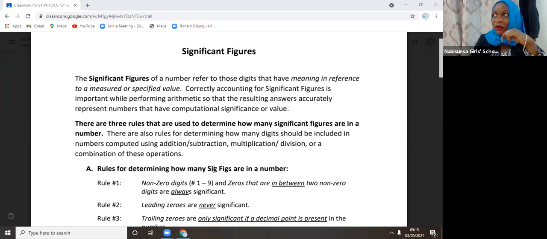We have to follow these rules. Since I don't have a blackboard, there is a video I'm going to play so that we first follow. We pick something, then we come back and we discuss together. Look at it keenly. After watching it, we're going to discuss together.